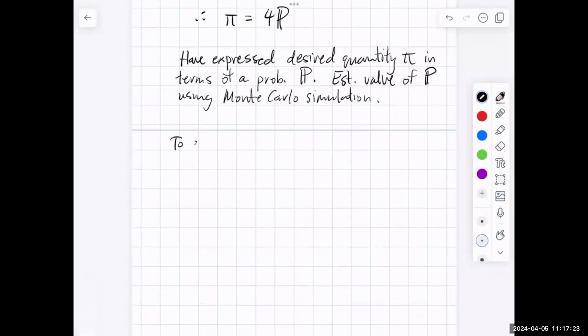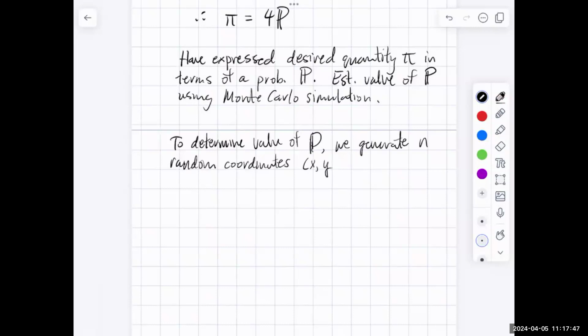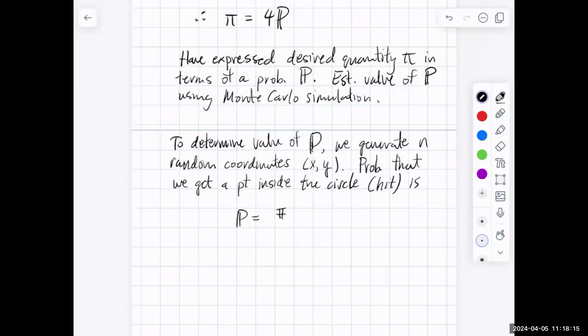Okay. So to determine the value of P, we generate n random coordinates xy. The probability that we get a point inside the circle, which I'll refer to as a hit, is equal to the number of hits divided by the number of trials.